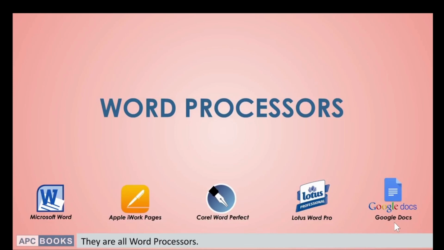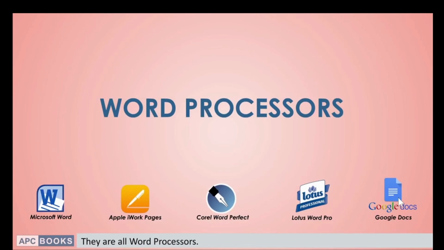Then we have another popular word processor here called Google. Now, this word processor is quite popular by Google. Word is also very popular. But some of these word processors, some of you have not seen them before.